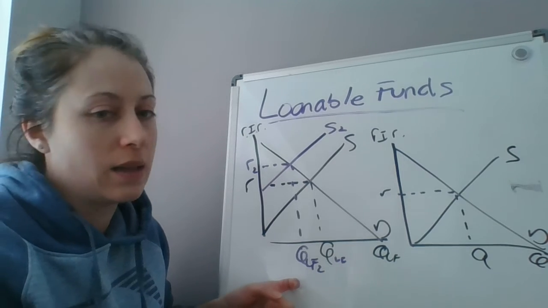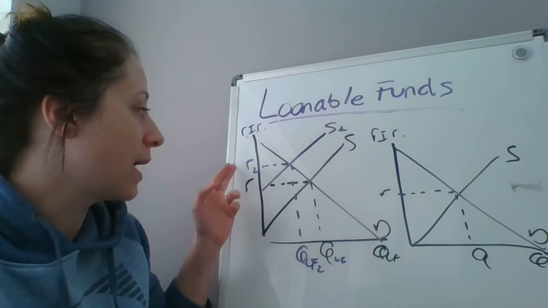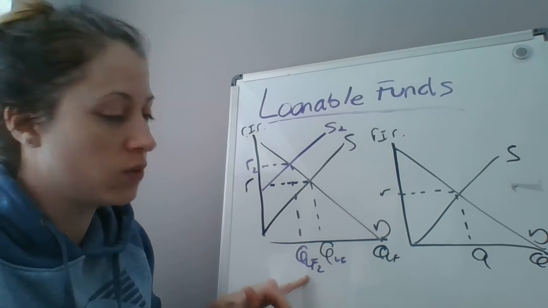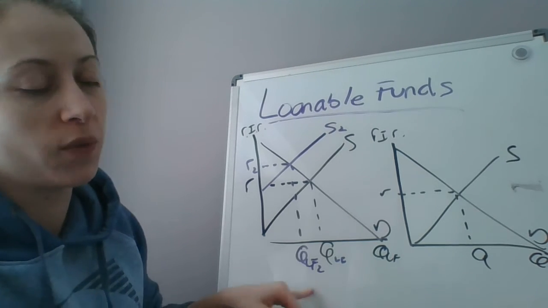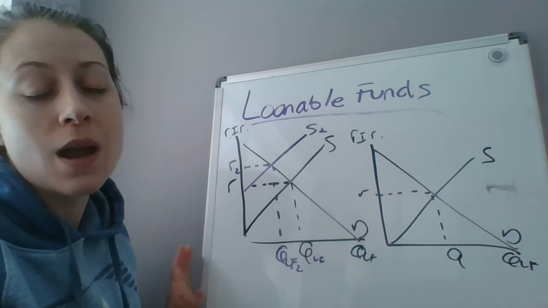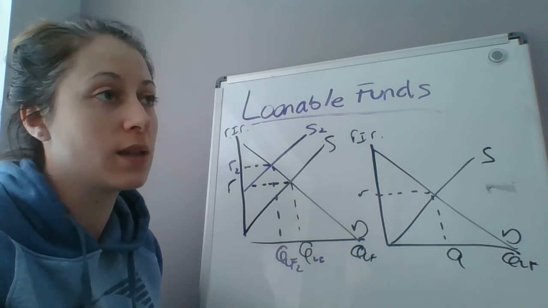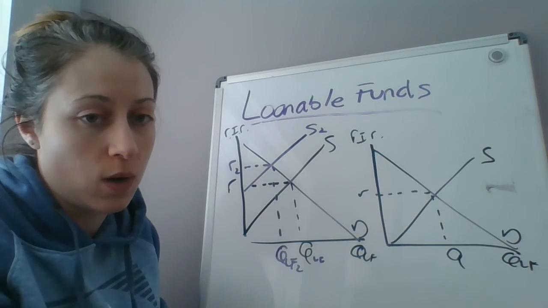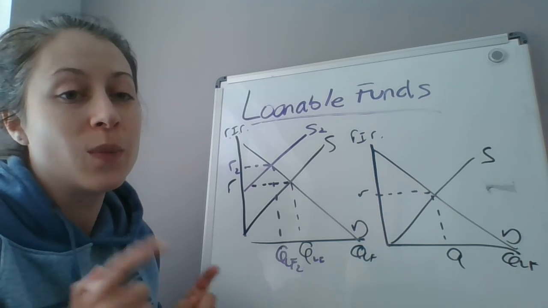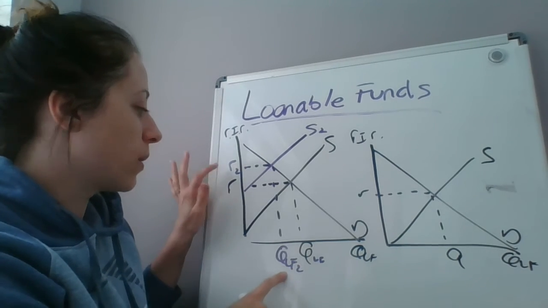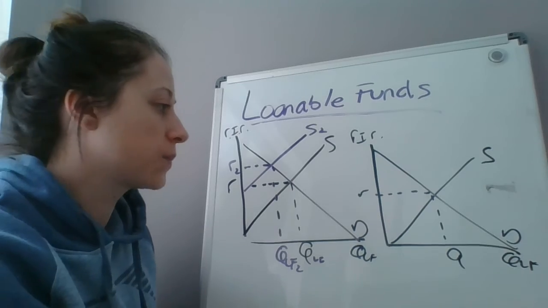That's why I tend to like this graph better, because it shows you exactly what happens to not just interest, but also to the quantity of loanable funds available for the rest of society. Now, the other option, and both are fine. And so obviously, you're not graphing, but describing either one will work out just fine. But this is why you really want to pay attention to what happens to these two variables.